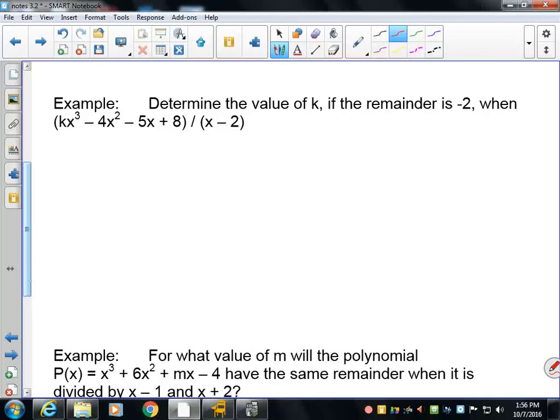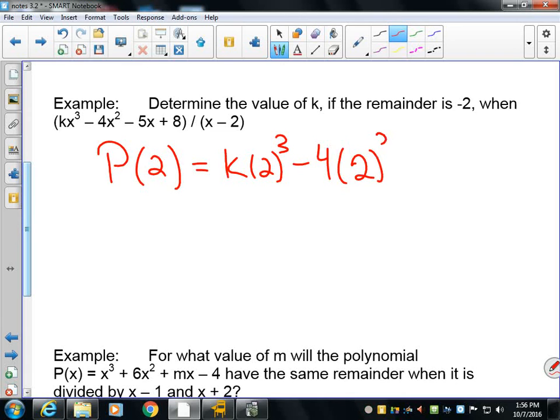So we could do p of positive 2 is equal to k times 2 cubed minus 4 times 2 squared minus 5 times 2 plus 8.